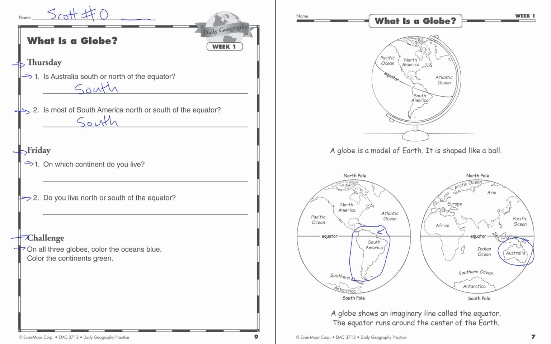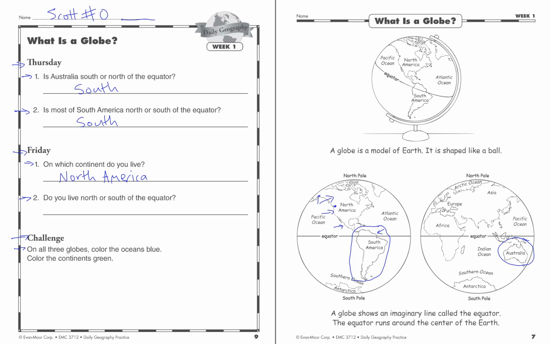And then on Friday, on which continent do you live? Well, if I were to draw us, we would live right about there, that little dot. We live on North America. North America is the name of the continent, and on North America you can see Central America, Mexico, the United States, Canada, up here's Alaska.